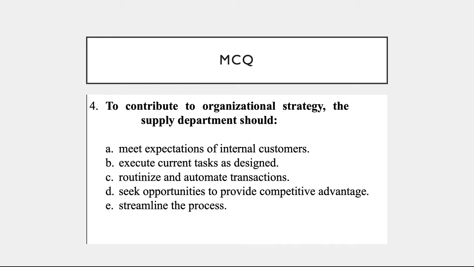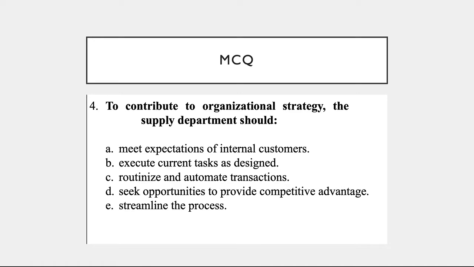Okay, question number 4. To contribute to organizational strategy, the supply department should: A, meet expectations of internal customers, B, execute current tasks as designed, C, routinize and automate transactions, D, seek opportunities to provide competitive advantage, and E, streamline the process.